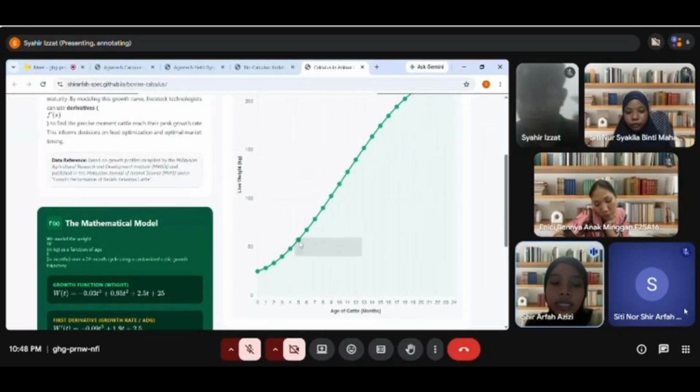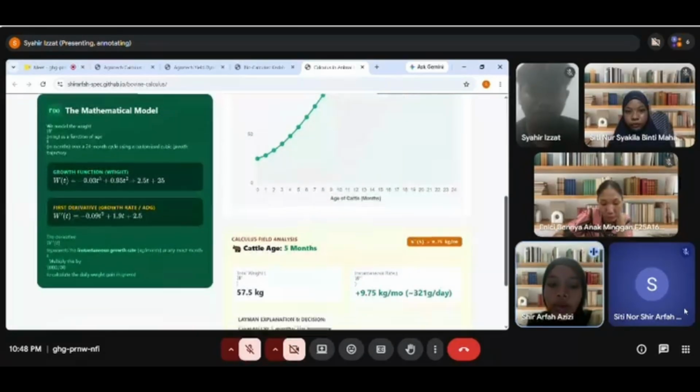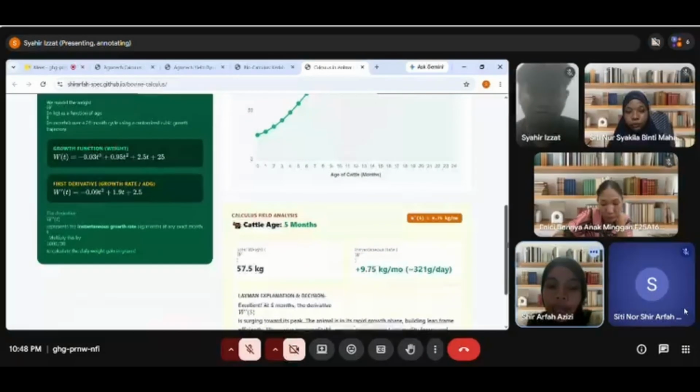To find the speed of growth, we use the first derivative. In animal science, we call this the average daily gain, or ADG. This derivative allows us to see the instantaneous growth rate at any month of the cattle's life.